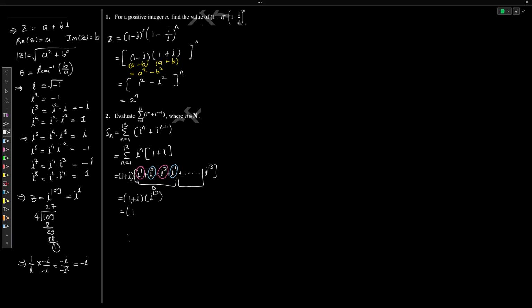Now what is i raised to 13? 13 divided by 4, remainder will be 1. So here we get i raised to 1. Now open the bracket. I times 1 is i, i times i is i square. So this will become i square, that is minus 1 plus i, as your required complex number.